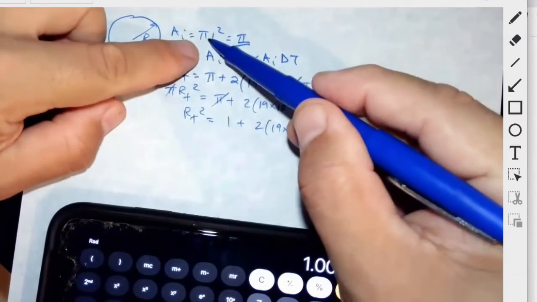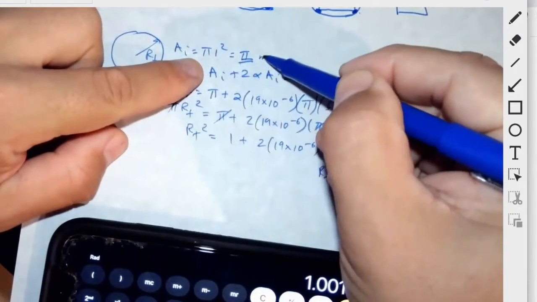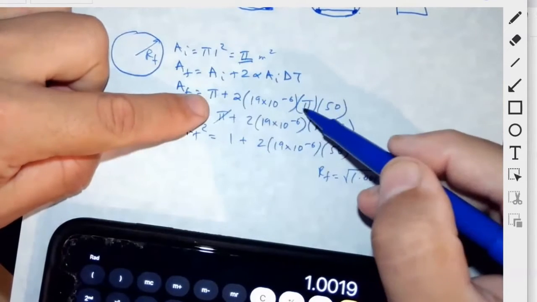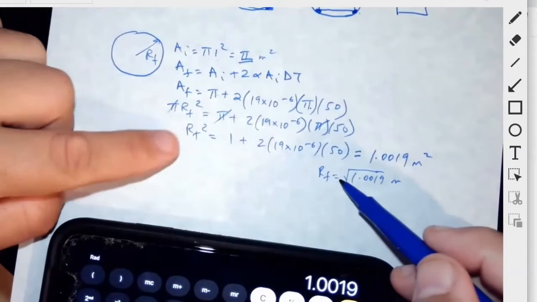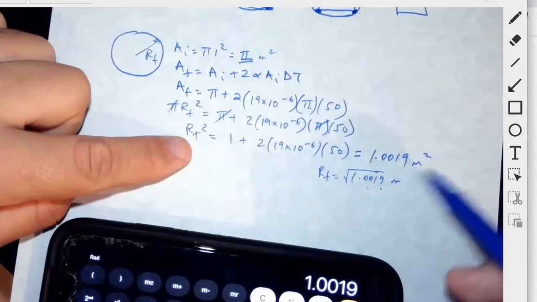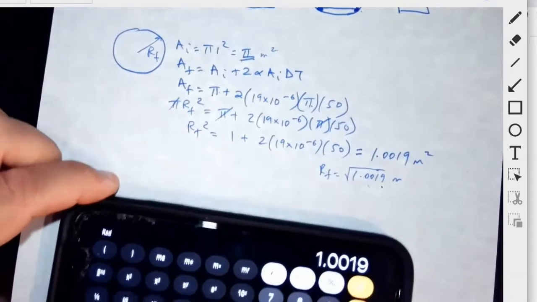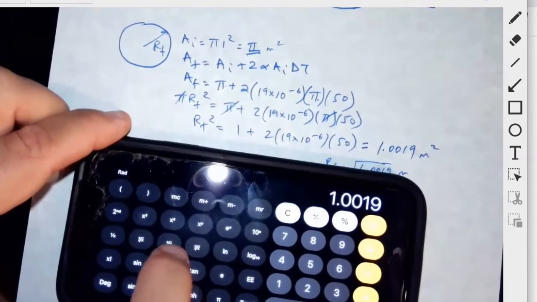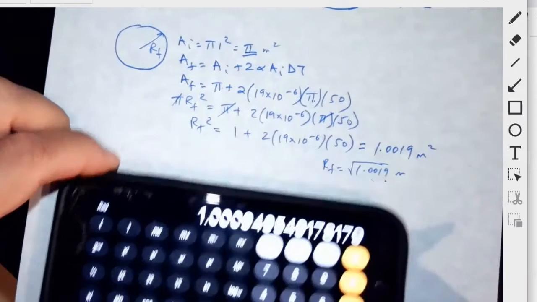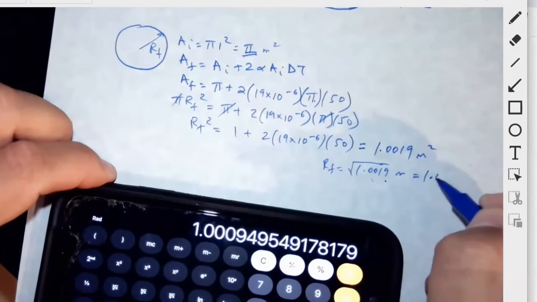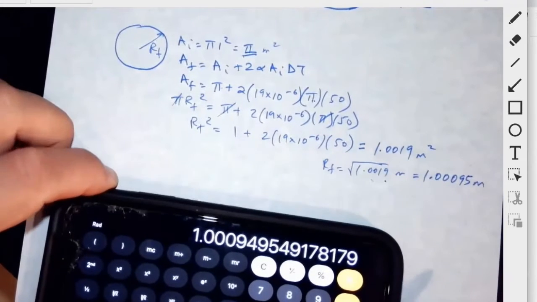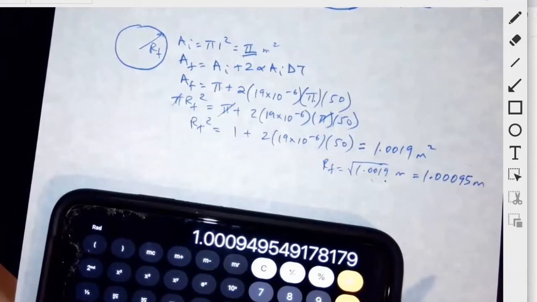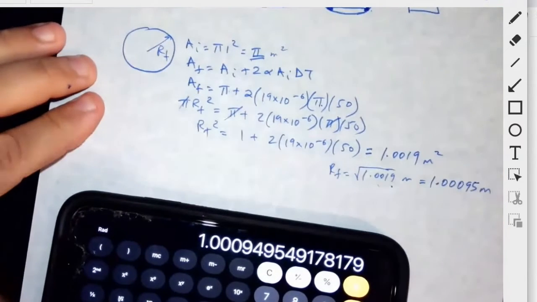Well, because the area is itself meters squared, so everything is meters squared. Then at the end, you take the square root. So you take the calculator, and the square root is 1.00095 meters. Okay, so that's the new radius.